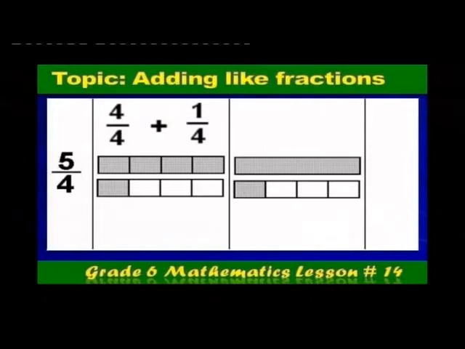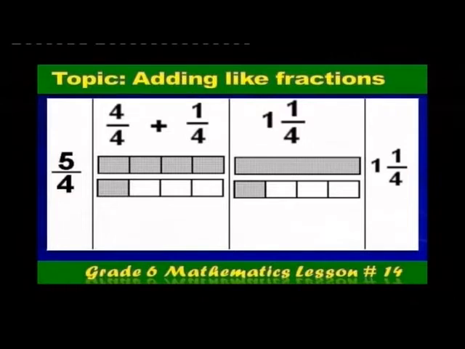For the improper fraction 5 over 4, there are 4 equal parts. And the diagram of it is 4 over 4 plus 1 quarter. Now that diagram of 4 over 4 plus 1 quarter is equal to 1 and 1 quarter. So the mixed number is 1 and 1 quarter.